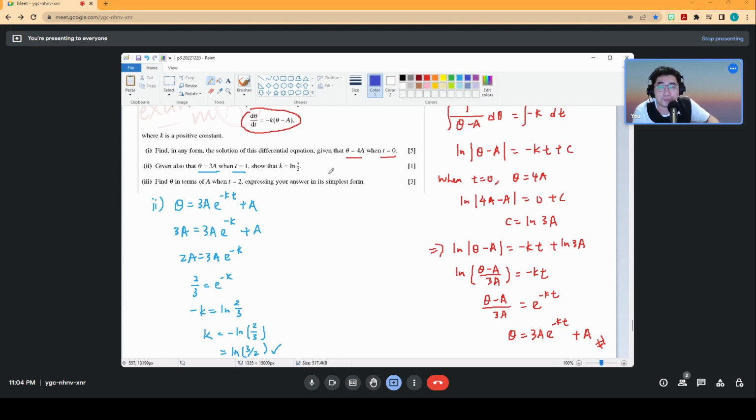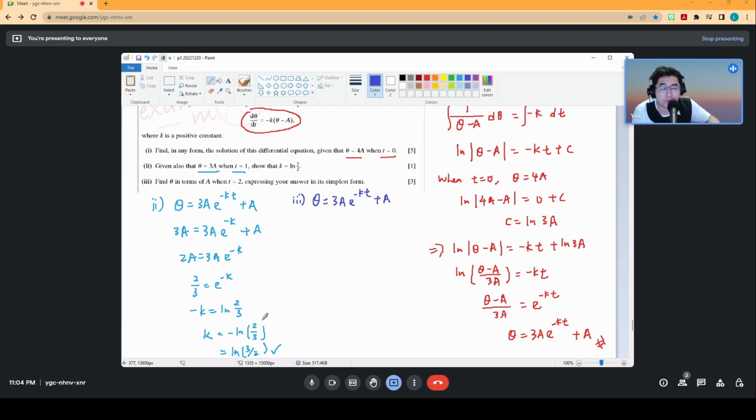Then for part 3, find theta in terms of a when t equals 2. Express your answer in the simplest form. Let's continue. From here, theta equals 3a e to the negative kt plus a.